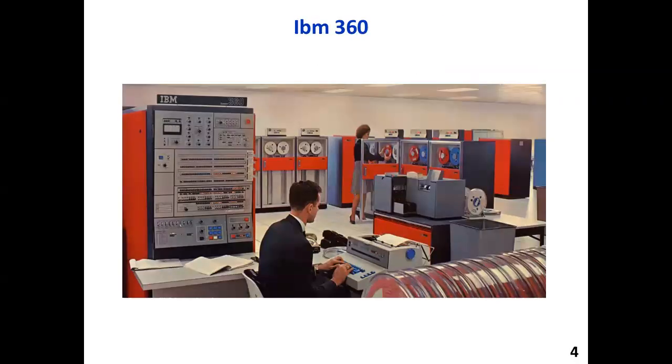This is what an IBM 360 looks like. When I first got started with the IBM mainframes, it was an IBM 370-165, which was really very close to this one, all programmed with punch cards and COBOL and Fortran, things like that.